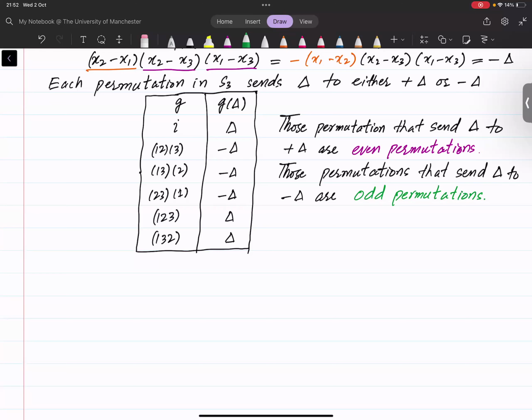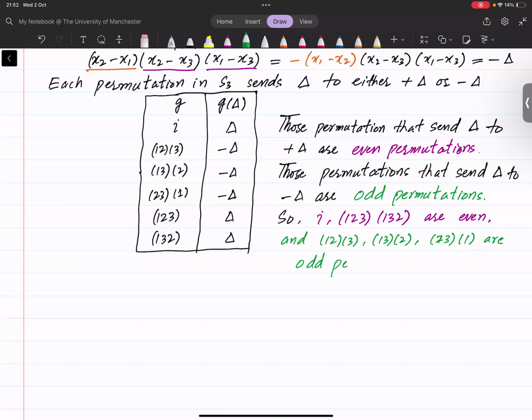So the identity, 1, 2, 3 and 1, 3, 2 are even. And 1, 2, 3 fixed, 1, 3, 2 fixed, and 2, 3, 1 fixed are odd permutations.